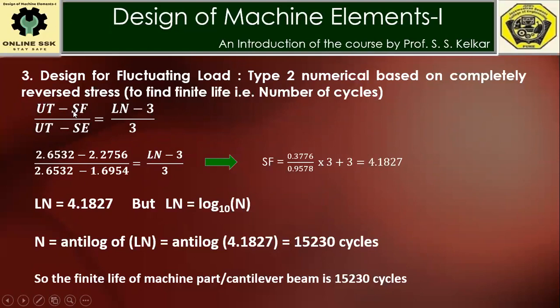But in this case we know the dimensions of the machine part, we know all the terms on the left hand side, and only Ln was unknown. Ln was calculated, and based on Ln, value of life of the machine part in terms of number of cycles was calculated. In this particular case, for the shaft specified in the problem statement, the possible life for the shaft will be 15,230 cycles.